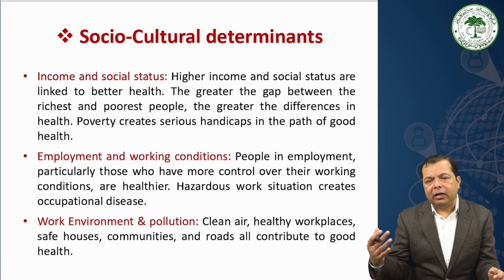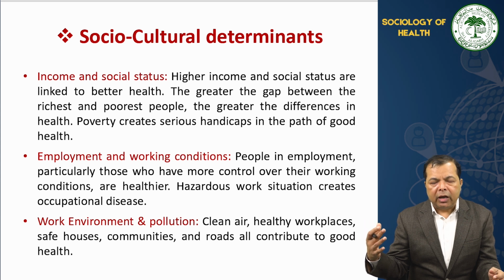We have seen the data, right? At several places, when we were talking about prevalence of communicable and non-communicable disease at a global level and at all India level, we have seen that the prevalence of disease is related to the income of the people or the level of income of the country.